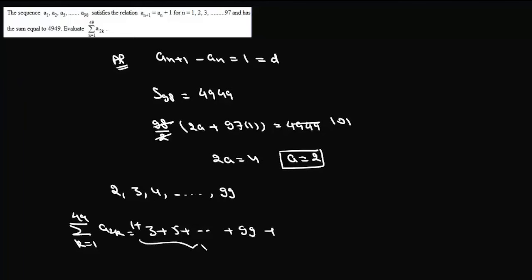Now we know that this is equal to n square, and n here is from 1 to 49 and we have added one more term, so there will be 50 square. So there will be 50 square minus 1, so it is 49 into 51, which is 2499, and that is the answer to this question.